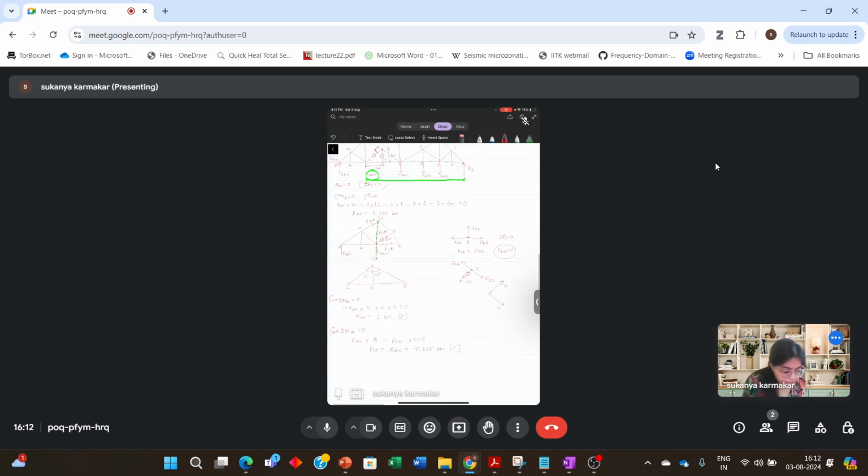One more part to this question. You have to identify the number of zero force members in this truss. I just explained the concept of zero force member.